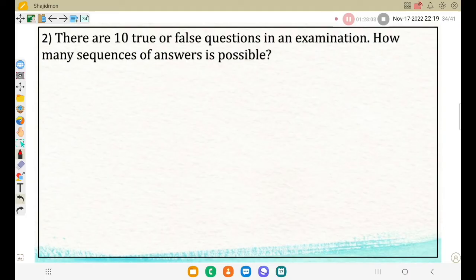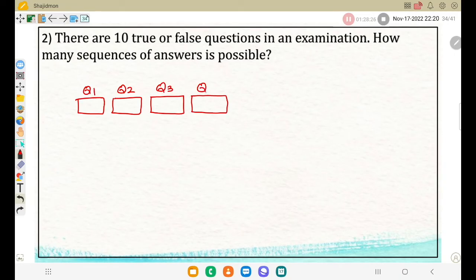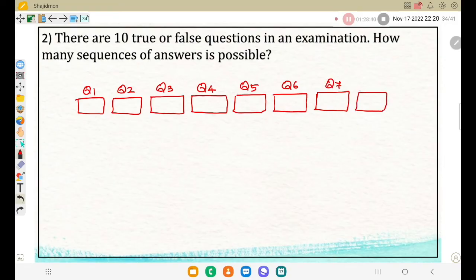Okay, so let me do this one. You can see there are 10 true or false questions. I can write question number 1, question number 2, question 3, question 4, question 5, 6, 7, 9, 10 questions.